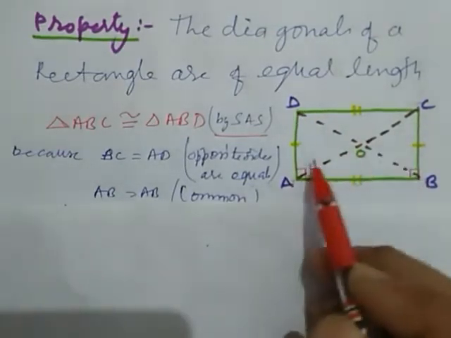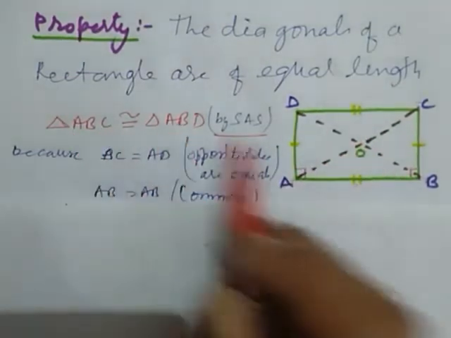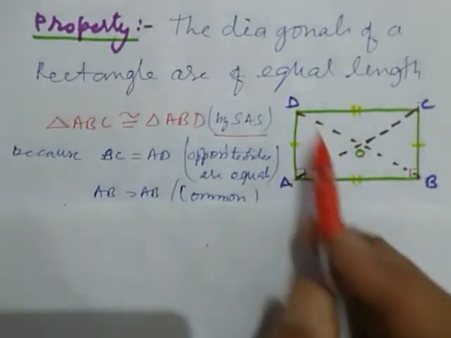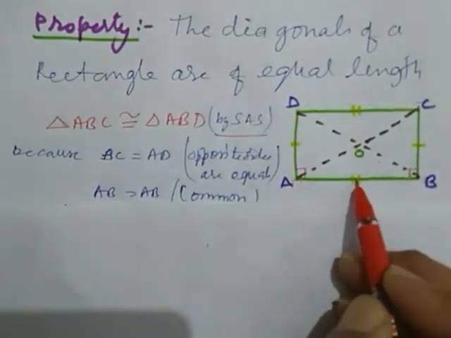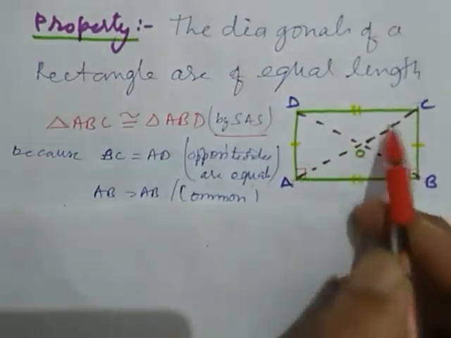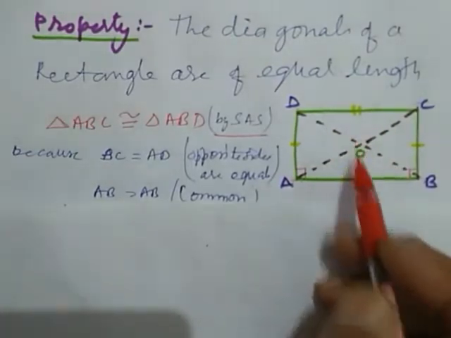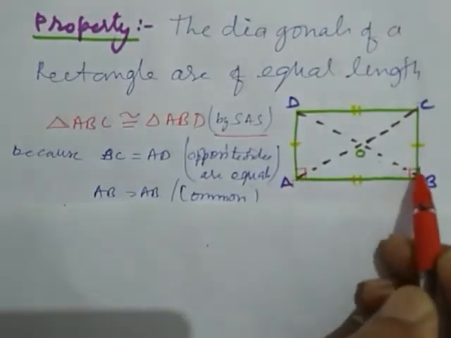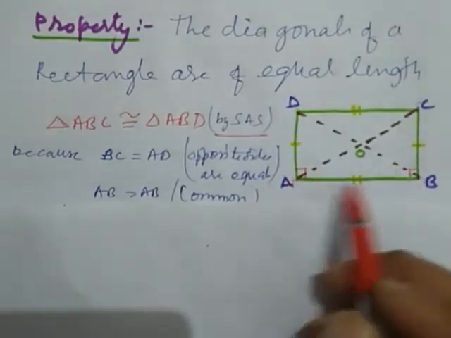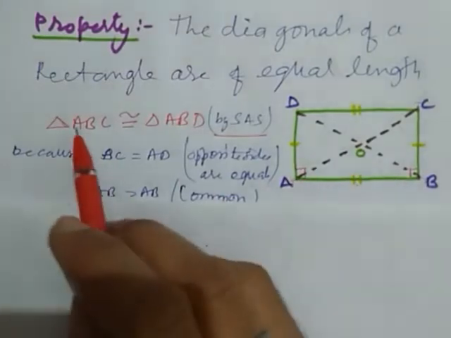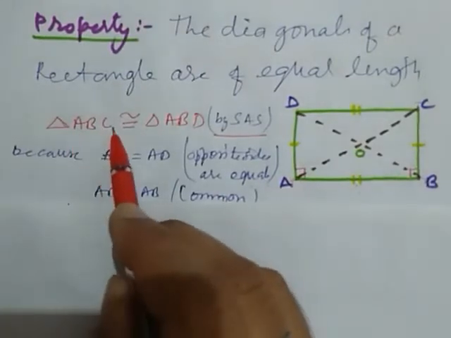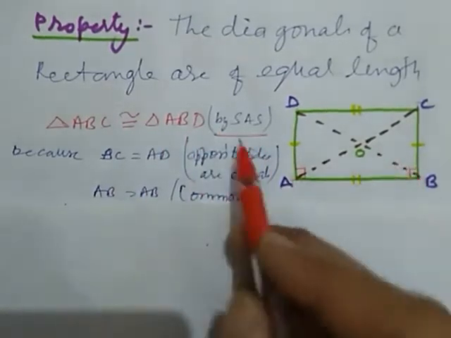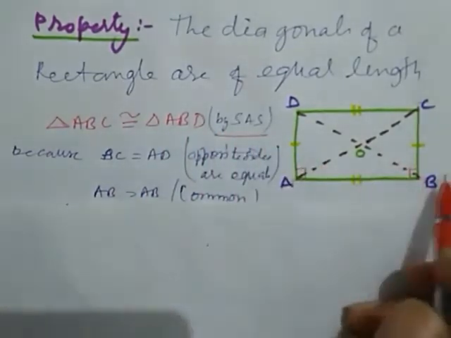In both of these triangles, ABC and ABD, this side is common, and these are the diagonals which are also equal. The other side is also common, and this angle and this angle are right angles, so one angle is also common. So triangle ABC is congruent to triangle ABD by SAS criteria.